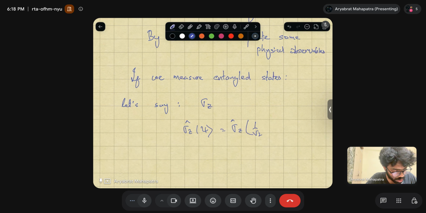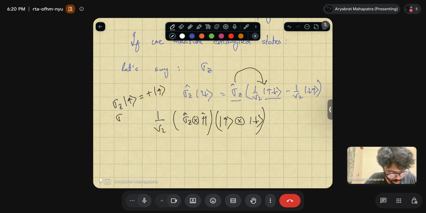Remember that sigma z operating on the up state gives plus the up state, with some factor of h bar by 2, which I'm not writing down, and it would give this if sigma z operates on the down state.